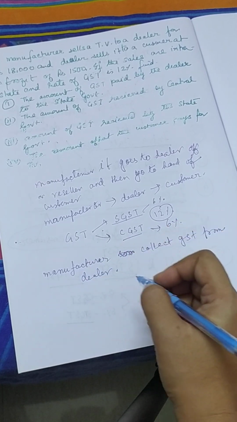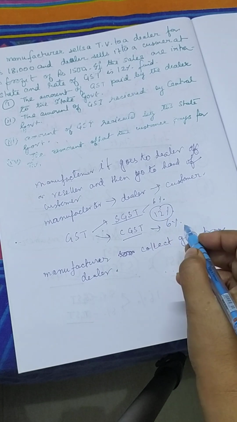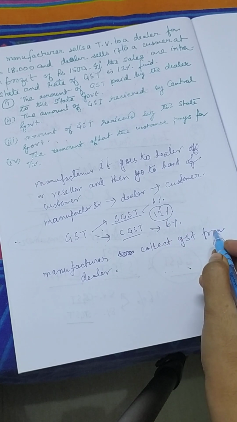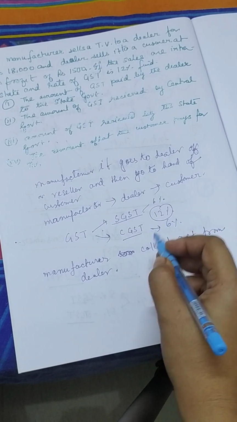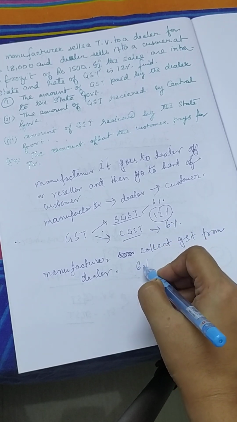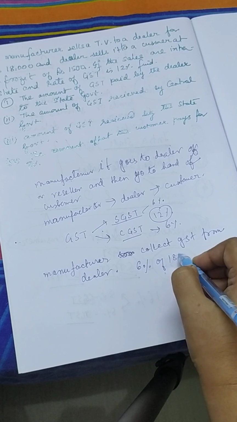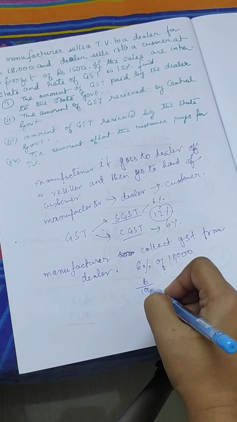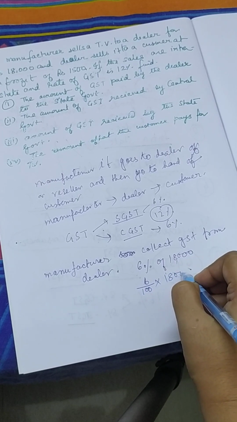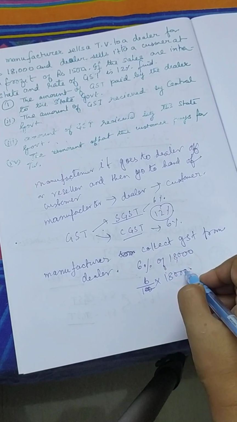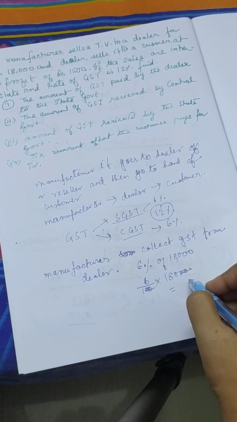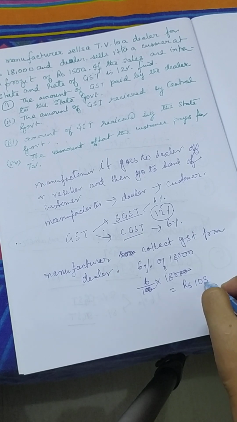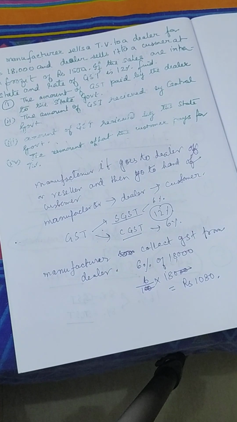Okay, and what is the amount of it? 6% of rupees 18,000, because the manufacturer price is 18,000. So 6% of 18,000, that means 6 by 100 into 18,000. So the amount is rupees 1080. Okay.